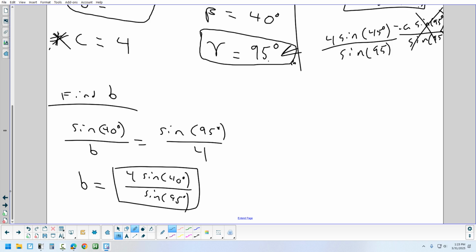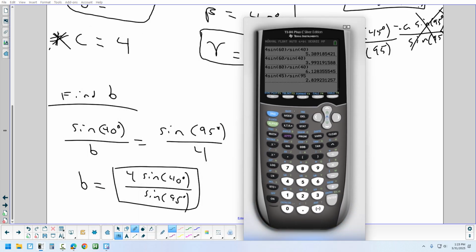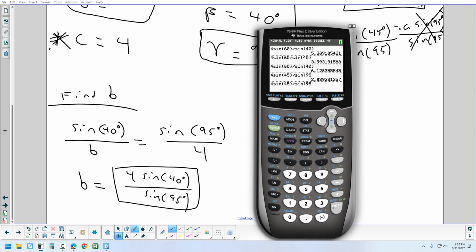Now type it in and see what you get. Again, I usually do second enter, then it saves me having to retype everything, and just change 45 to 40. Beta was a little bit smaller, so B should also be a little bit smaller. And it was.